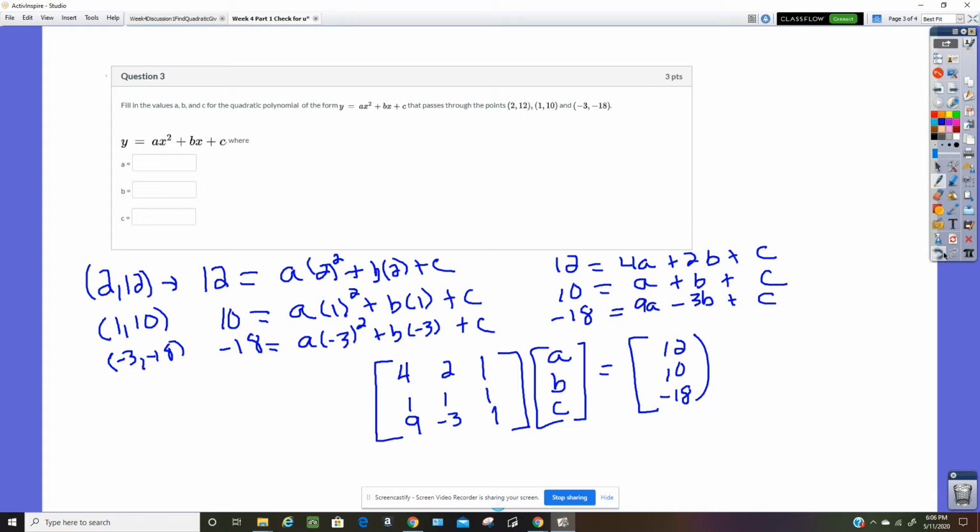So this is my matrix A, this is my X matrix, and this is my matrix B. And to find X, you're going to put A on the Desmos matrix calculator and B on the Desmos matrix calculator and do A inverse times B. And you'll get what these three variables equal.